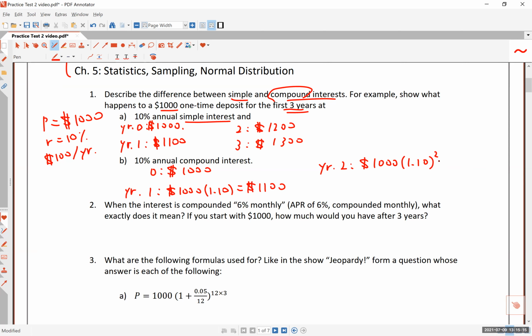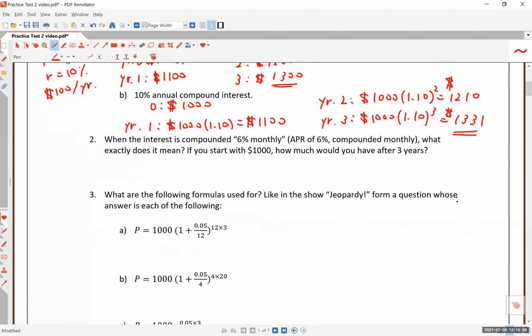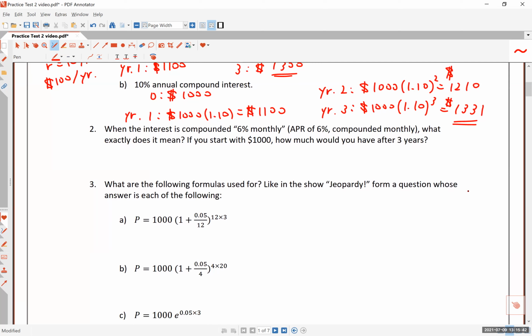Remember, multiplying twice, and this will end up being $1,210. And after year 3, you multiply 1,000 by 1.10 to the 3rd power, and this is 1,331. These are all in dollars. So you'll see a slight difference between compound and simple interest, and of course the difference will be very dramatic after many years.